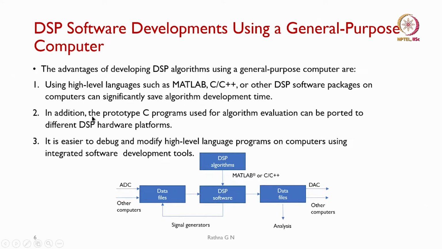In addition, the prototype C programs used for algorithm evaluation can be ported to different DSP hardware platforms. So, one advantage of using a higher level language is that it is independent of the platform, and with a little bit of fine tuning we can port from one DSP hardware platform to another.